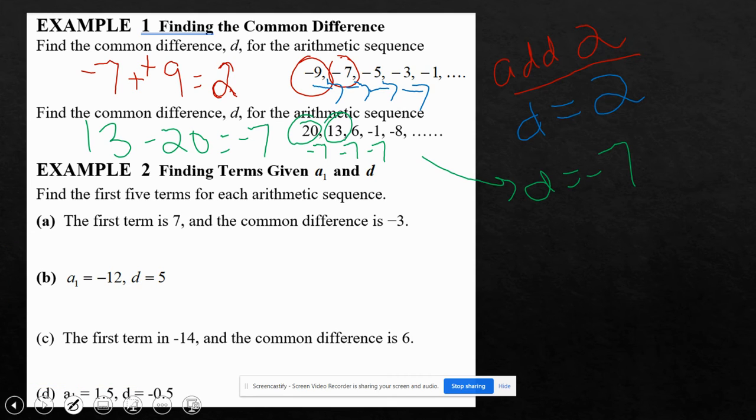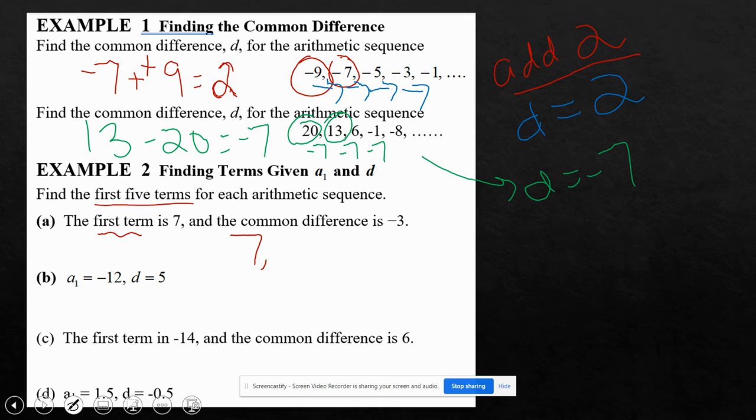So we're going the opposite direction in example 2. Now in example 2, they are giving us information and they want us to write this list of numbers. And they want us to write the first 5 numbers. So our first term is 7. So I know the first number in my list is going to be 7.